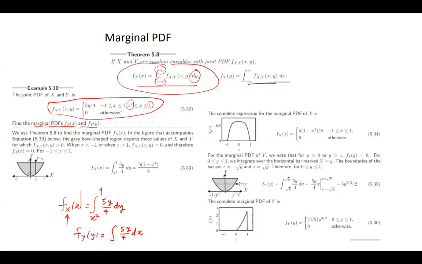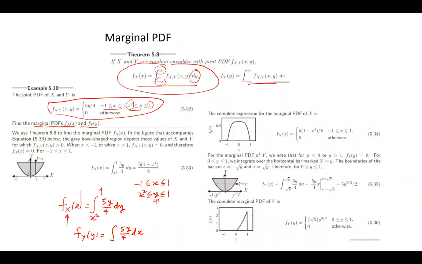To find the range of x here, we have to look at these two conditions, right? This one and this one. So x is between -1 to 1 and x squared ≤ y ≤ 1. So we have to look at the values of y here.